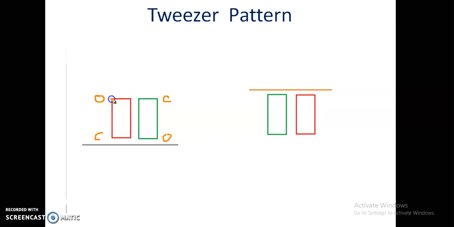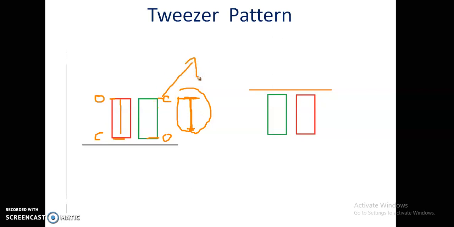Open somewhere here with the first candle, and price retraces, closing somewhere here. The next candle opens somewhere in the same area, price pushes up to this level and closes somewhere here. So it will look like a pin bar. Once it appears, we are expecting that price will continue from this area.